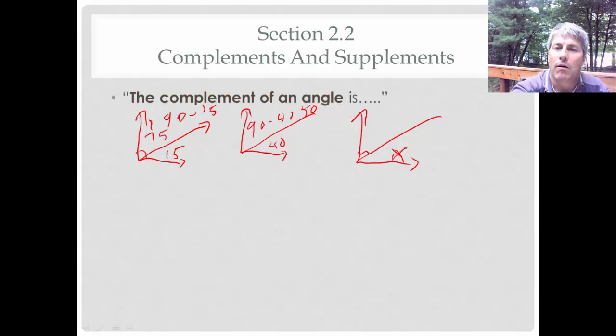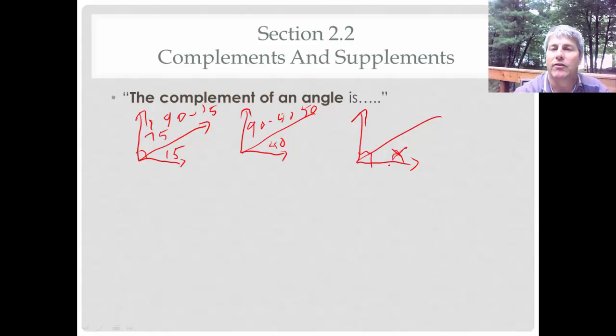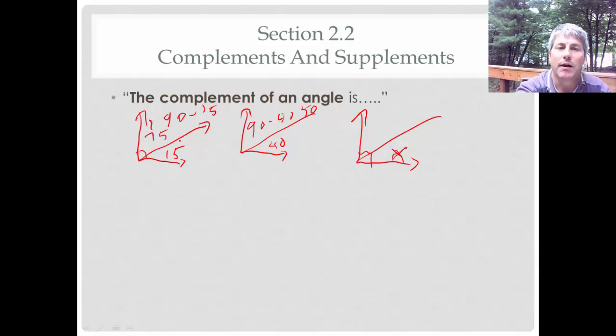We do know, though, if that's 90 and the angle's X, the complement of this angle, just like we did 90 minus 40 or 90 minus 15, now we'll do 90 minus X. So the complement of an angle is 90 minus X. So whenever you see the complement of an angle, it is 90 minus X.